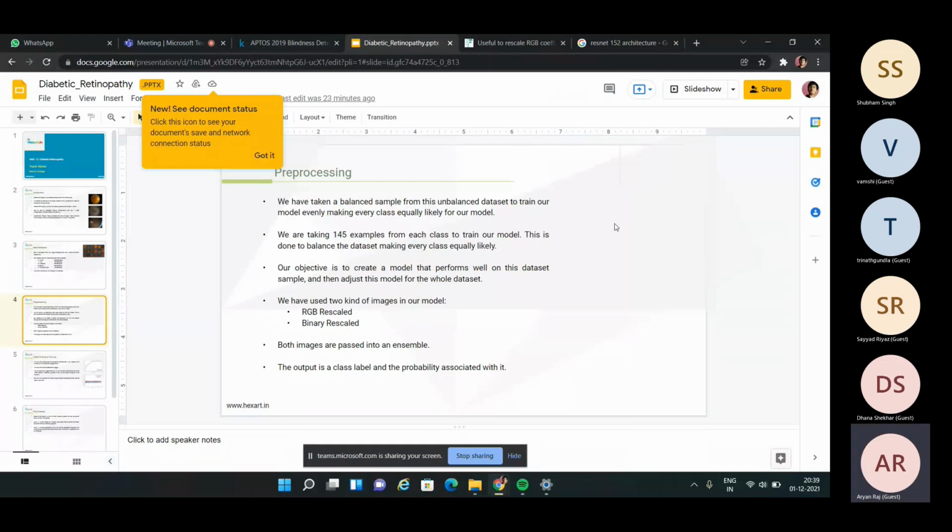Our objective is to create a model which performs well on this dataset. We have used two kinds of images, RGB rescale and binary rescale. This model predicts the class label and the probability associated with it.